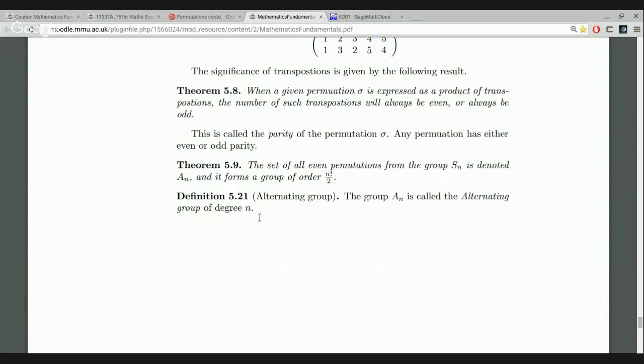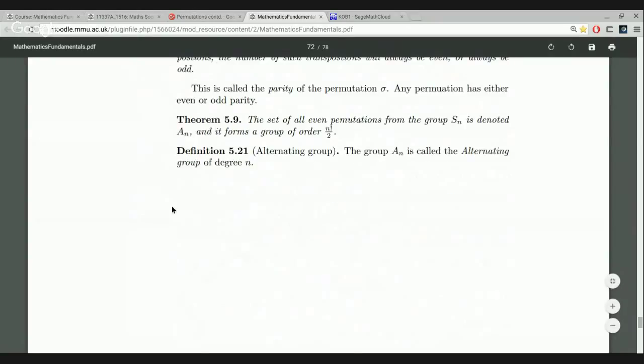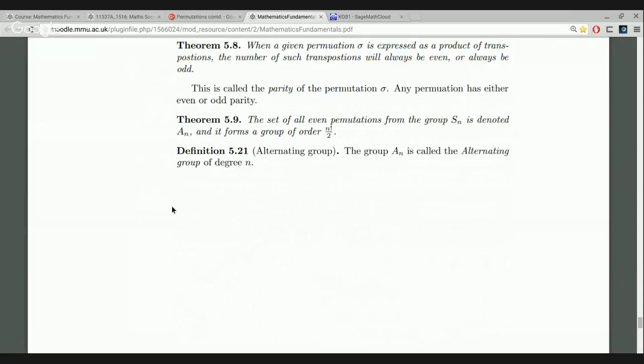And when you gather together all of the even permutations, you get a subgroup of the symmetric group, and it's exactly half the size of the whole group, Sn.